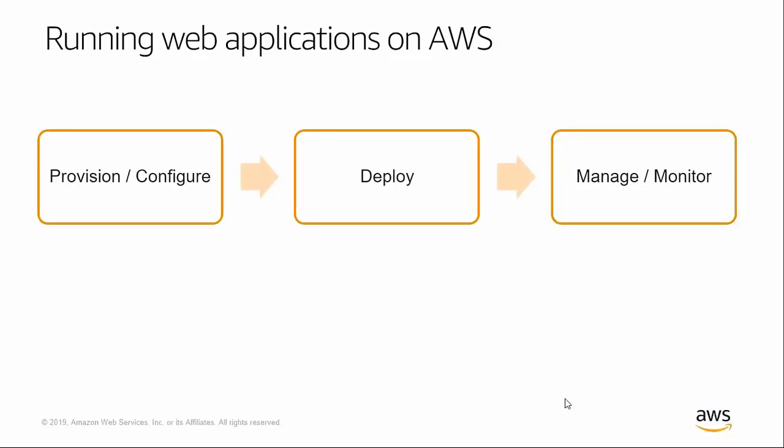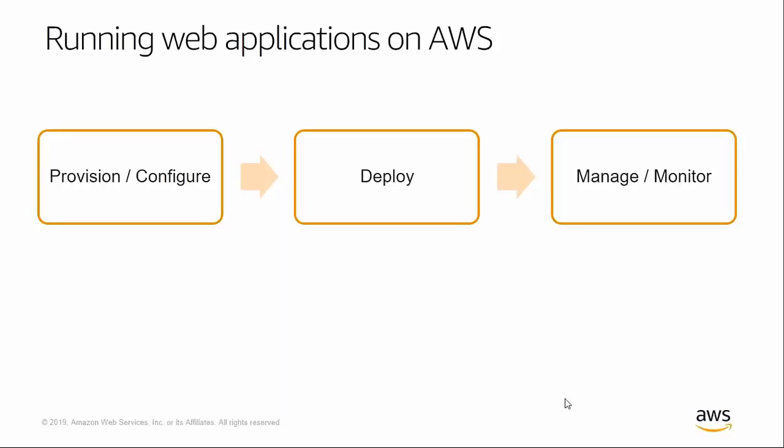So first, I thought we'd look at what does it mean to run an application on AWS. And it's more than just about writing good code. It really encompasses steps such as how do I provision the resources that I want to run my code on? How do I configure those and tie those together so that I create a platform which then I can deploy my code onto?